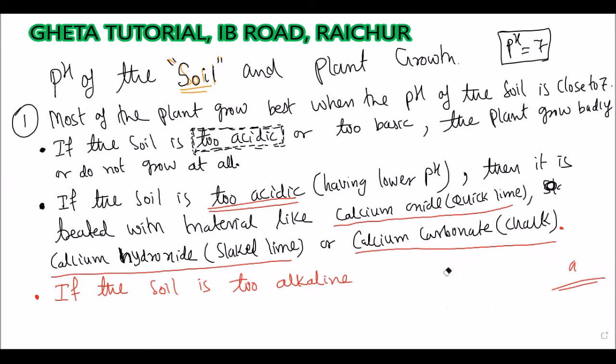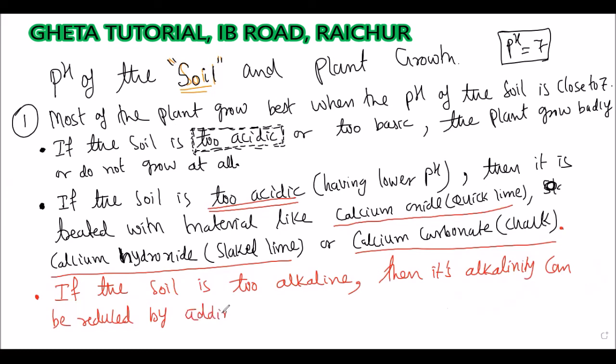Okay, so when the soil is too alkaline, its alkalinity can be reduced by adding organic matter.